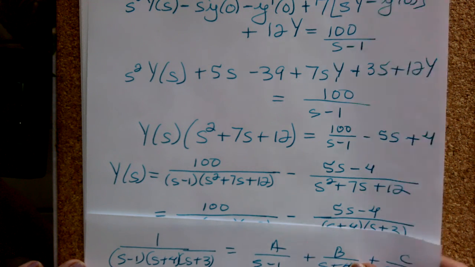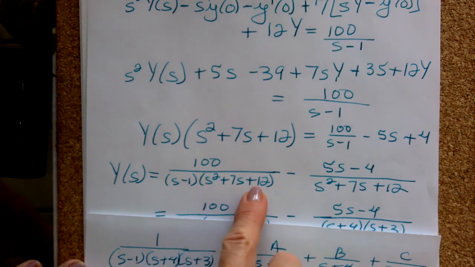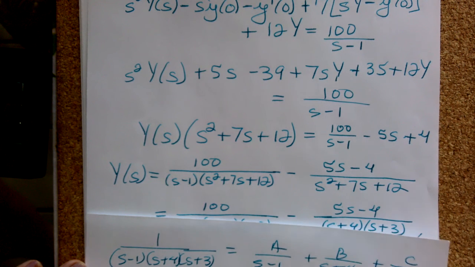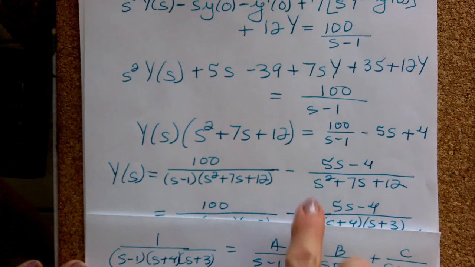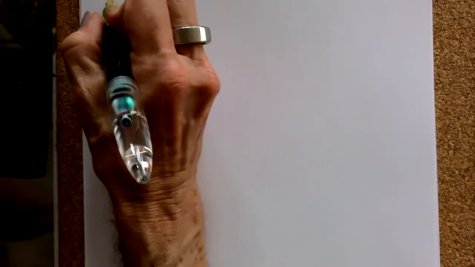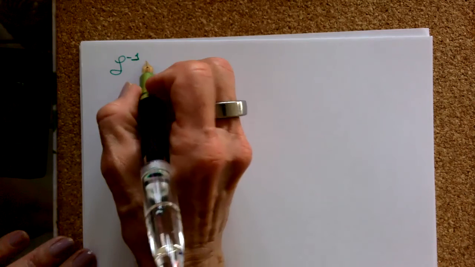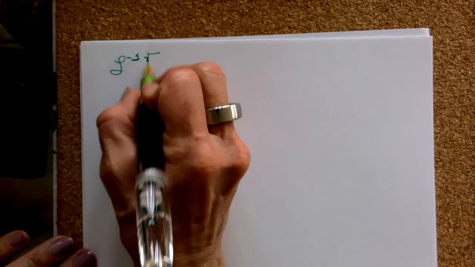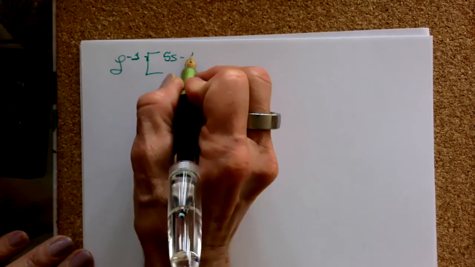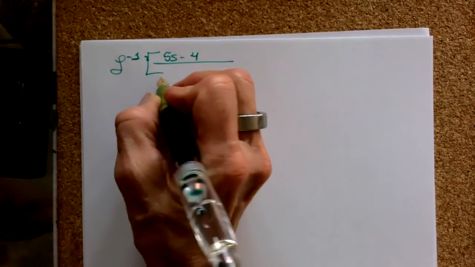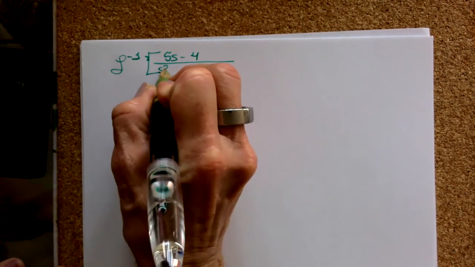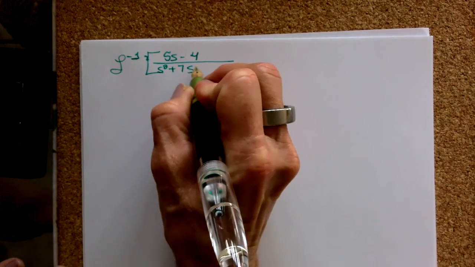We just found in class the Laplace transform of this one, so I'm tacking on the piece to find the inverse Laplace transform of this one. Now we're going to do that one. Okay, so we need to compute the inverse Laplace transform of 5s minus 4 over s squared plus 7s plus 12.